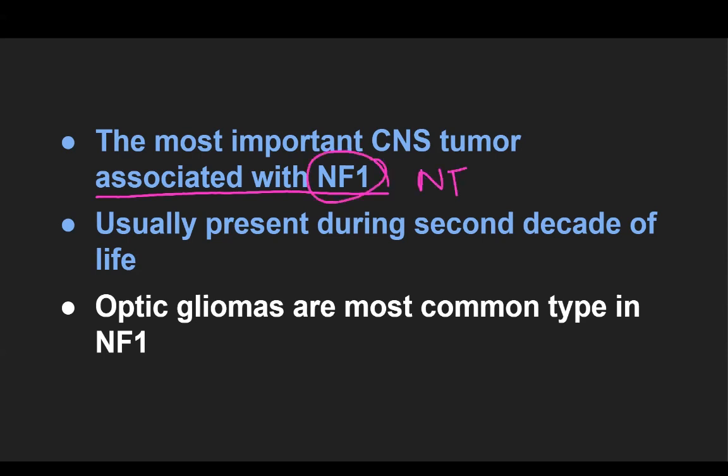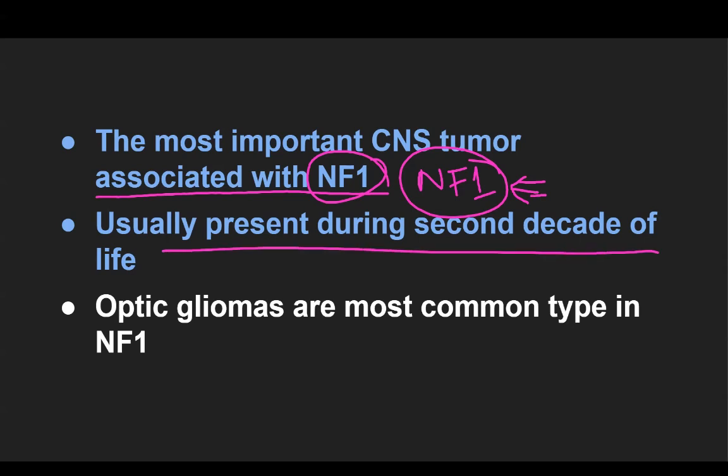Why? Because these are the most common CNS manifestation of neurofibromatosis type 1. If you are getting a patient with PCA, always evaluate them for NF1. They might or might not have it, but you cannot exclude it from your history and examination.